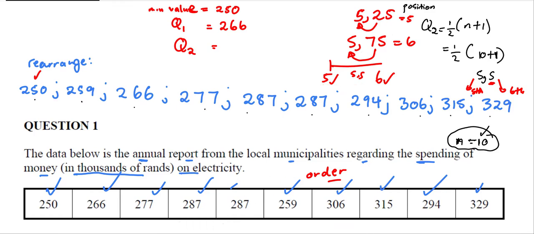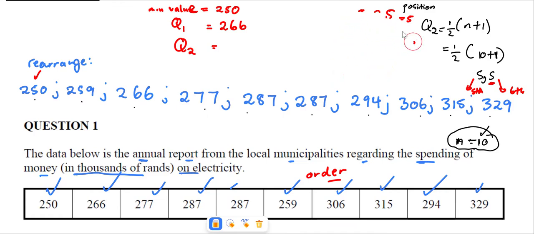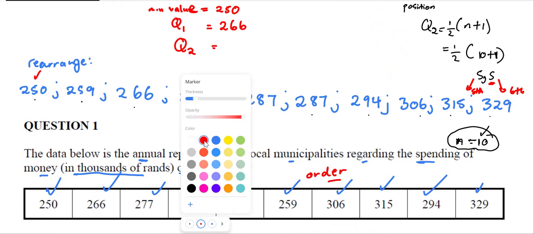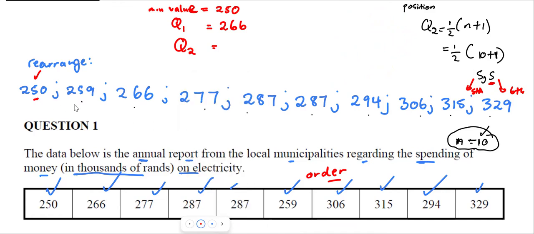Just make sure you go through your recap, the notes, everything, so that you can understand all these. Let us quickly have this between the 50 and the 60, meaning we are going to add these numbers. So that's 1, 2, 3, 4, 5. The fifth value is this one, the sixth value is this one.